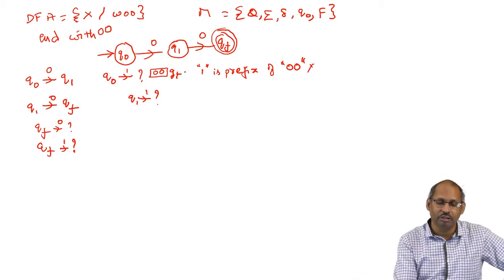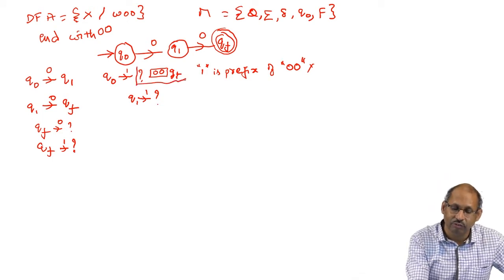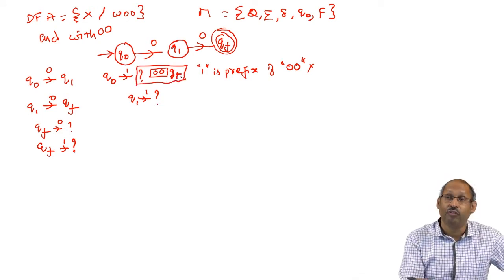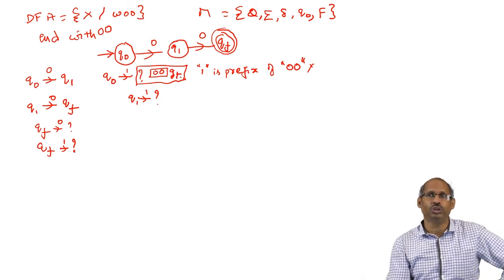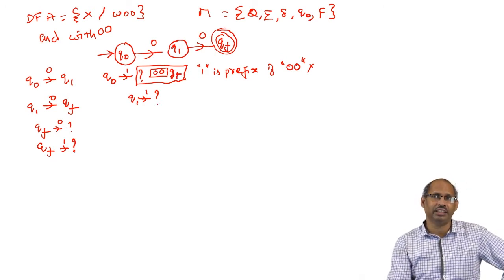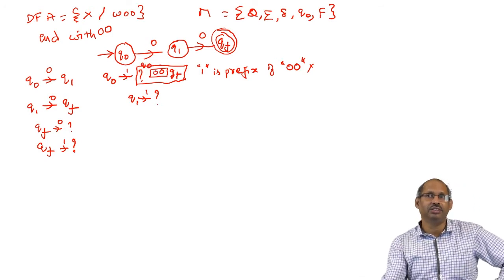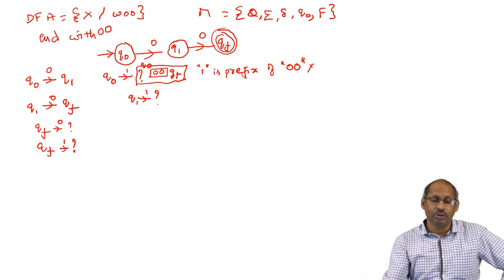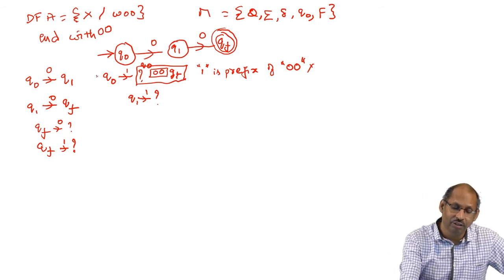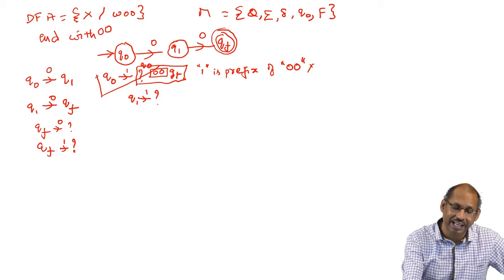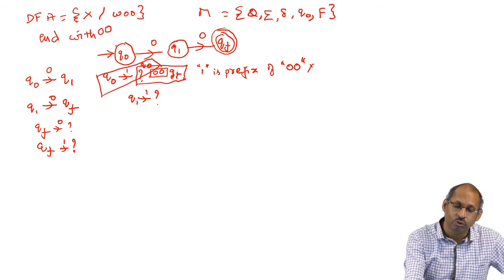From which state on two zeros will we reach the final state? By default, it is Q0. So if we consider this assumption, Q0 on 1 goes to Q0.